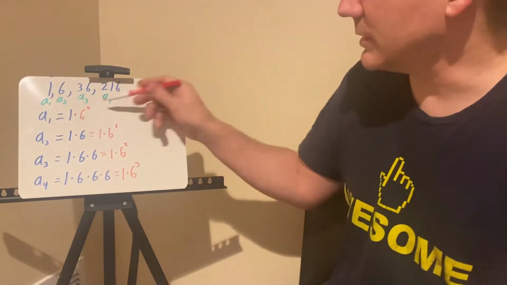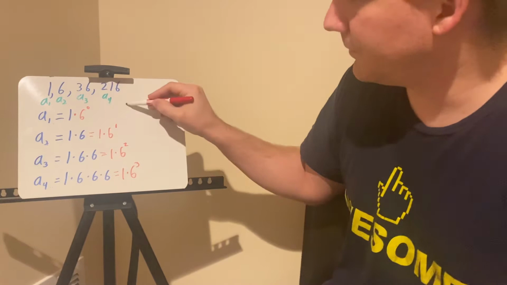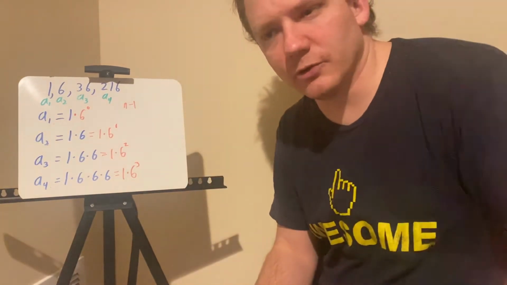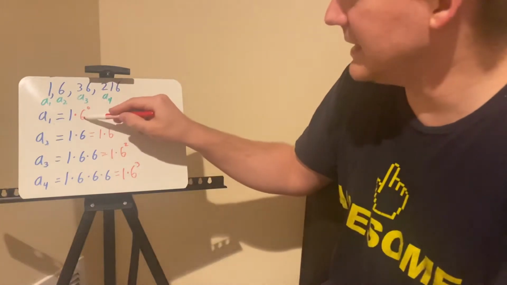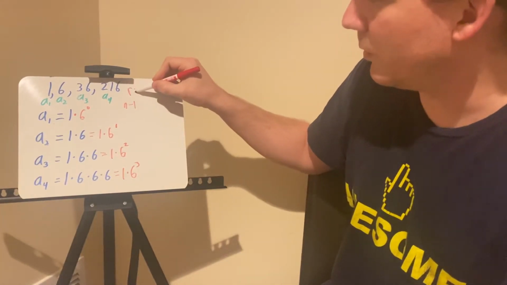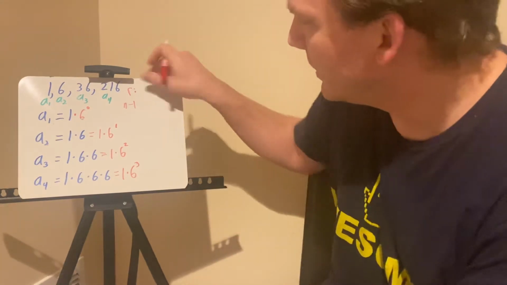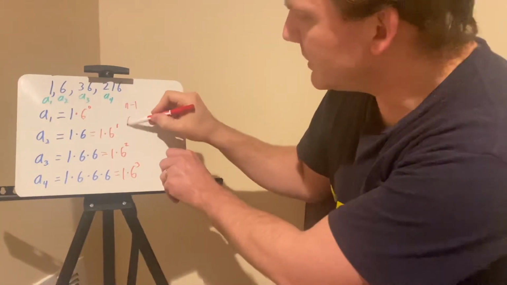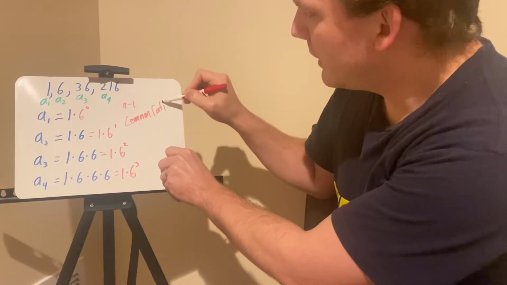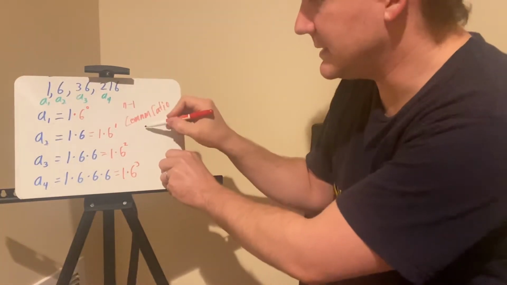You could actually rewrite this as n minus 1, similar to how we had that whatever term it is, minus 1. And this 6 here is what we refer to as the r value, or what we call the common ratio. Let me write that out here. Common ratio. And the common ratio in this case is 6.